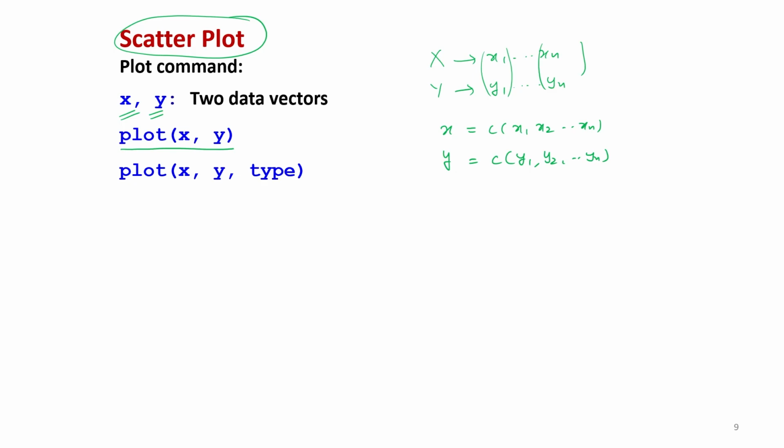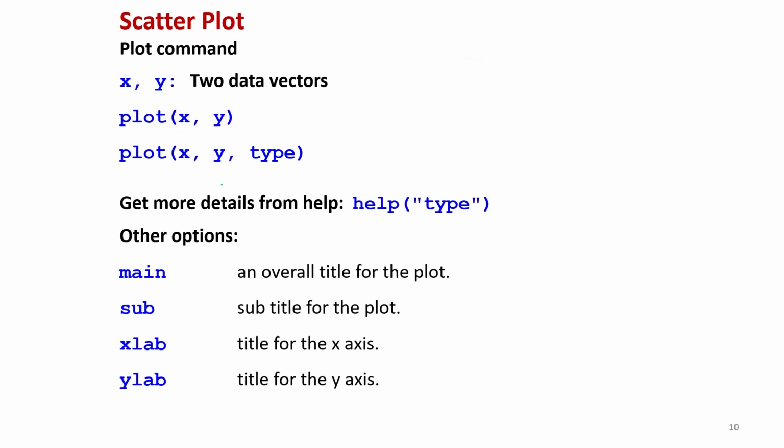There are many other options which can be mentioned inside the argument to make this graphic more informative. For example, there is the option type. So I can write plot x comma y comma type, and this will give us different types of plot. If I use the option main, it will give me the overall title of the plot.